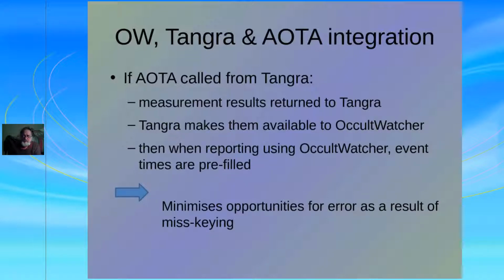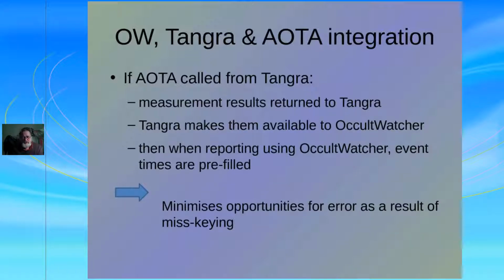The end result of all this, and the way IOTA can work semi-automatically when it's got a really good light curve, is that the step from loading the light curve into IOTA to sending the report doesn't involve many keystrokes at all.